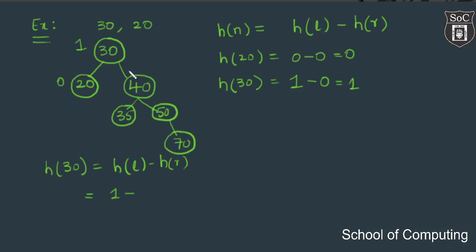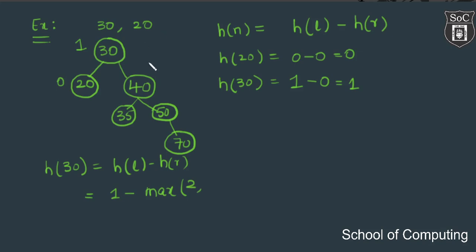So you have to find the height of the right subtree by finding the number of edges from 30 to both its leaf nodes. From 30 to 35, how many edges do we have? There are two edges. So max of, now 30 to 35, two edges. Let me write it. 2.